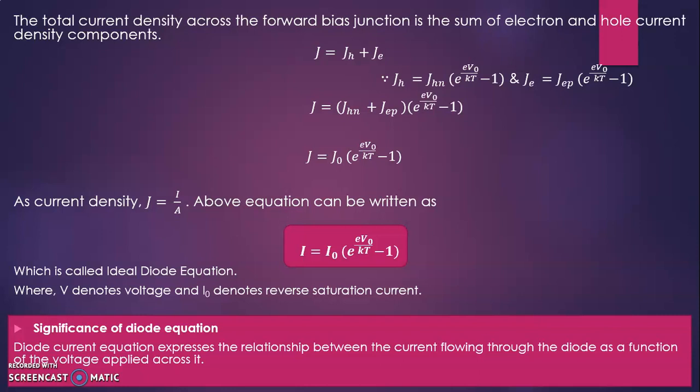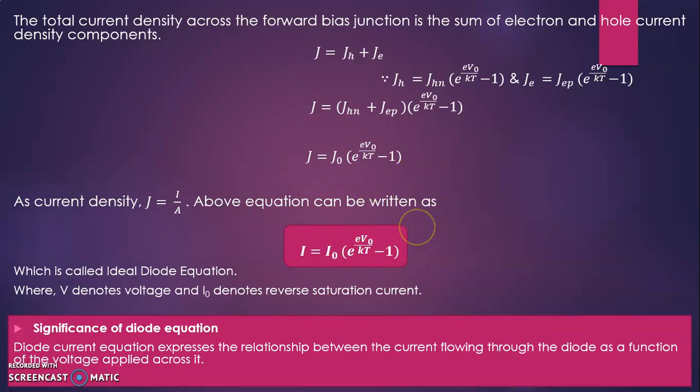In short, the current flowing through the diode depends on the voltage applied to the diode. So it is clear that in a diode the current depends on the voltage. In short, we are getting this ideal diode equation.